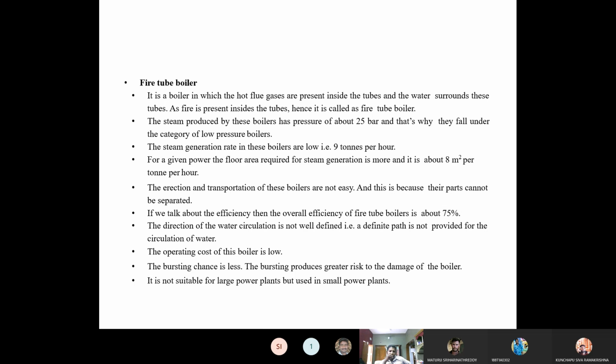The steam generation rate in these boilers is low, approximately 9 tons per hour, whereas in water tube boilers we can produce 450 tons of steam per hour.